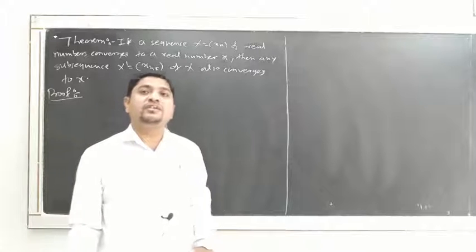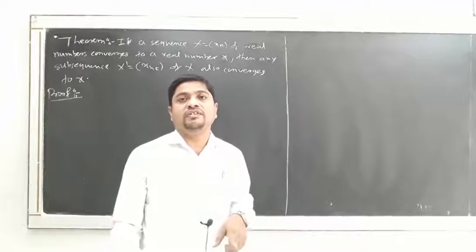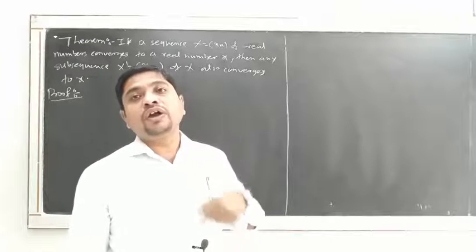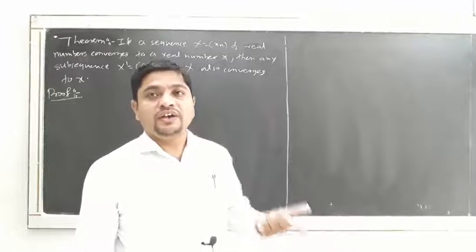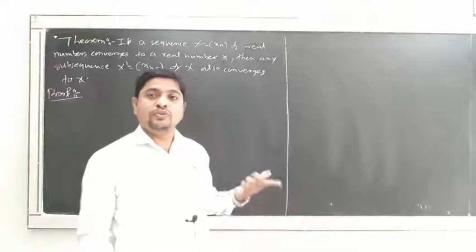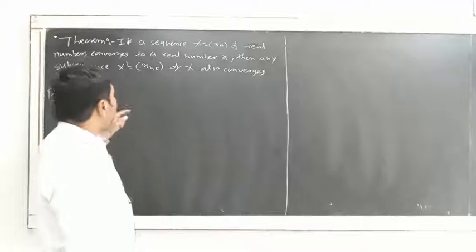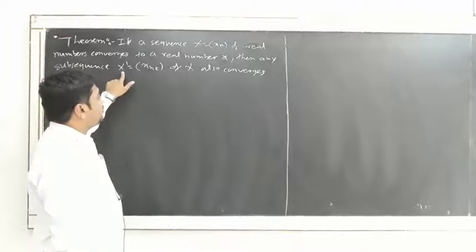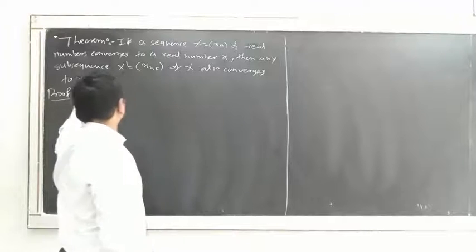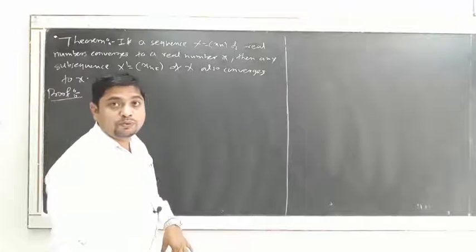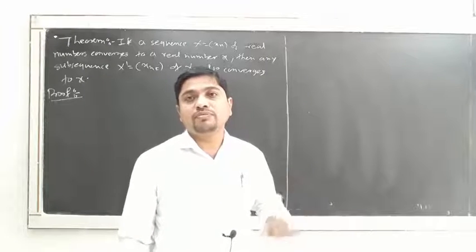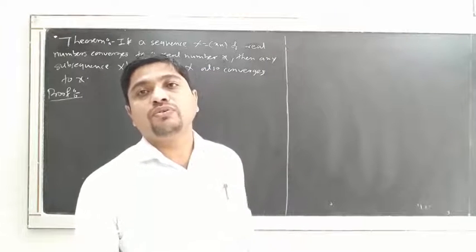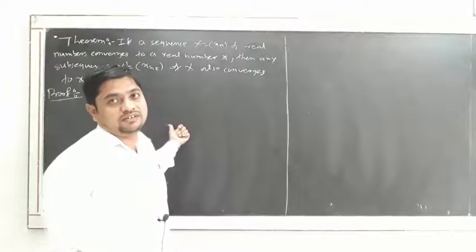This means its limit is x, and then you can write the epsilon-delta definition of this. So this is your given, and what we have to prove: then any subsequence of X also converges to x. It has a subsequence (xnk), and this subsequence also converges to the same limit, that is x.